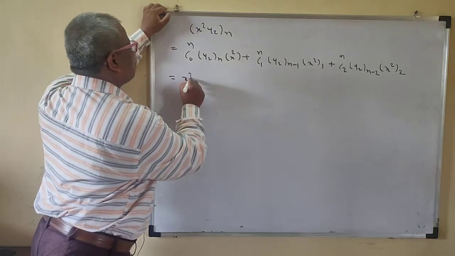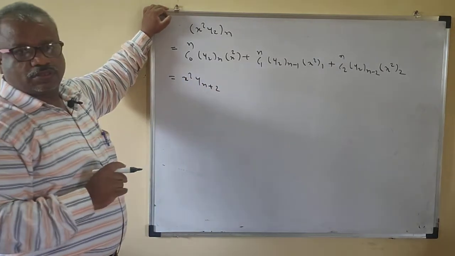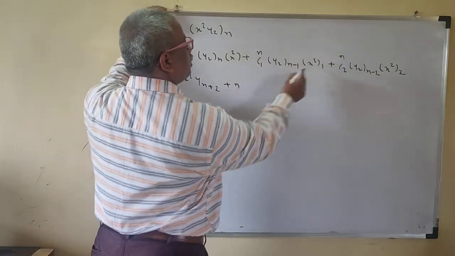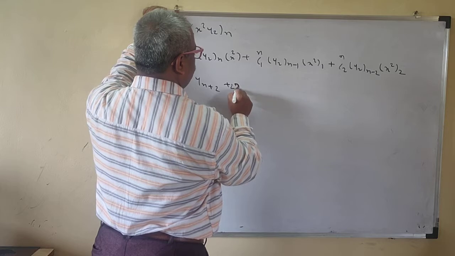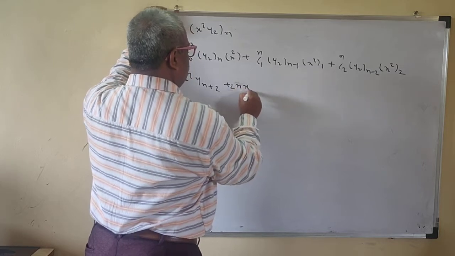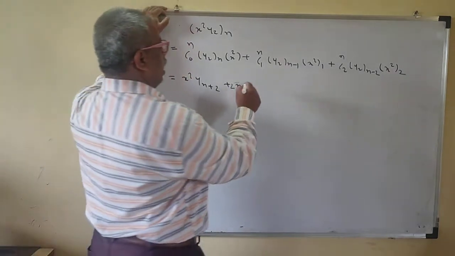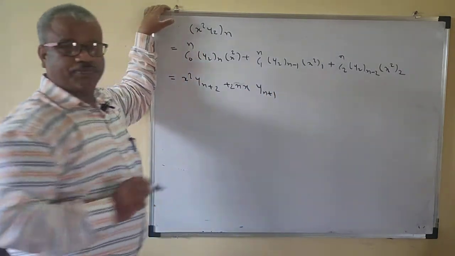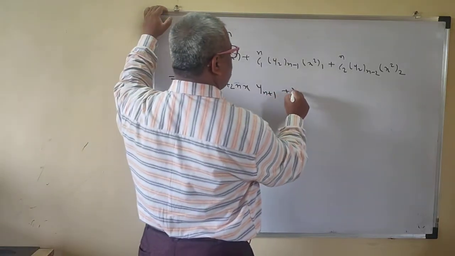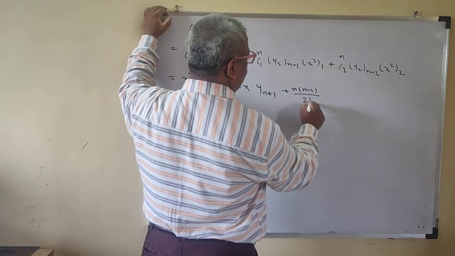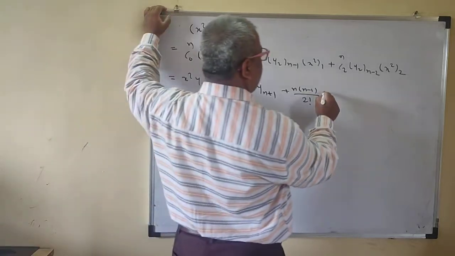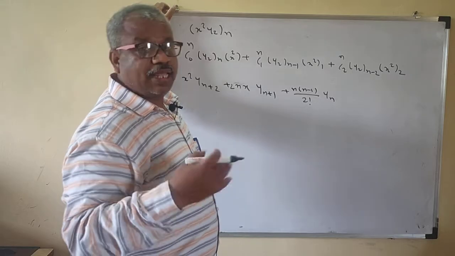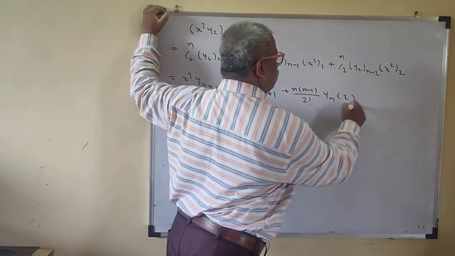So this is x squared y(n plus 2), plus nC1 which is n. The derivative of x squared is twice x, so this is twice n x y(n plus 1), plus nC2 which is n into n minus 1 upon 2 factorial, times y(n), and the second derivative of x squared is 2, so the 2s cancel.